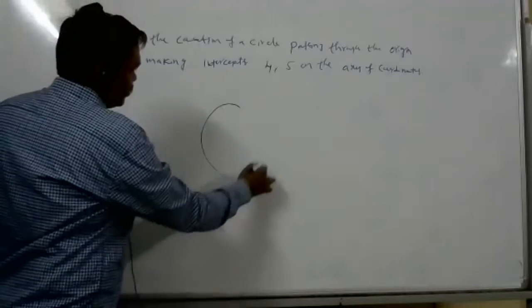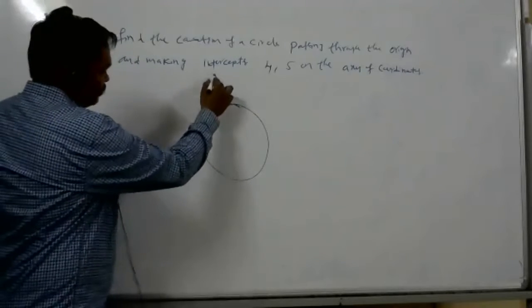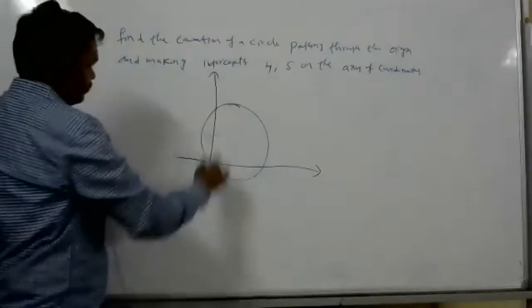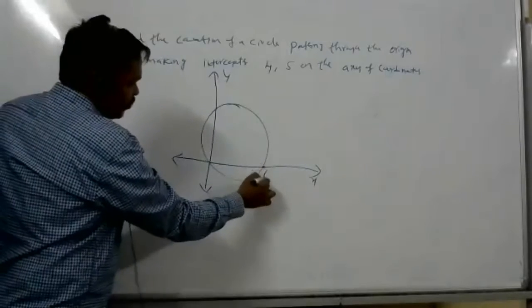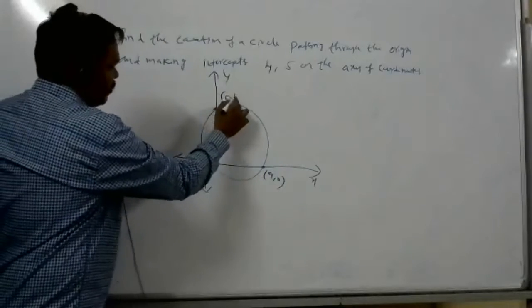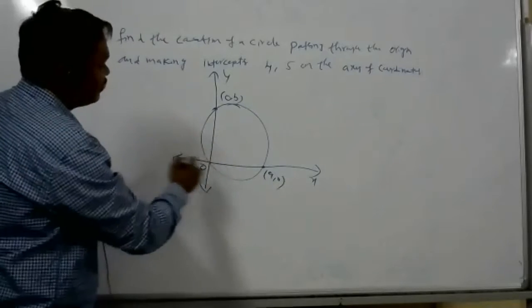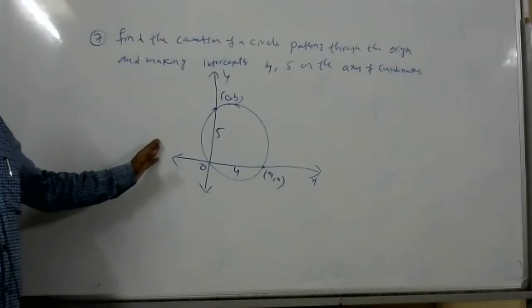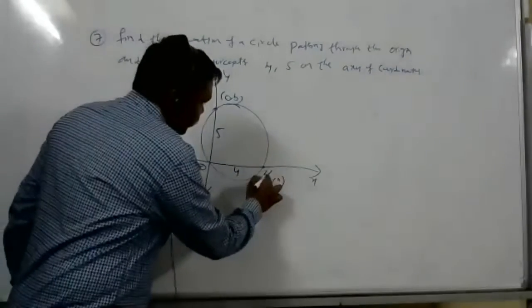Take x-axis point a comma 0 and y-axis point 0 comma b, and center 0, and this distance is 4 and 5.